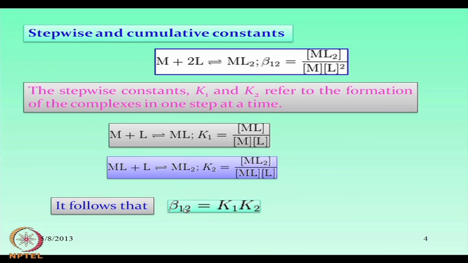That gives us the idea that the product of the stepwise formation constants is the corresponding cumulative constant for the complex formation.